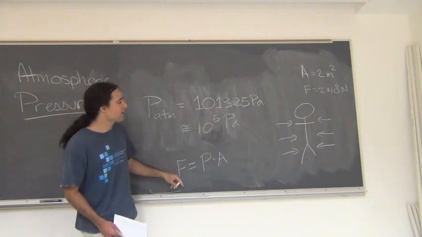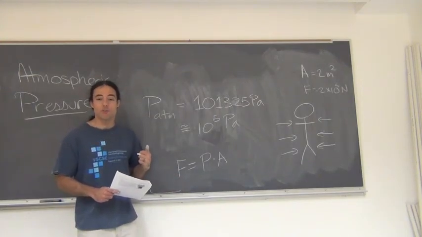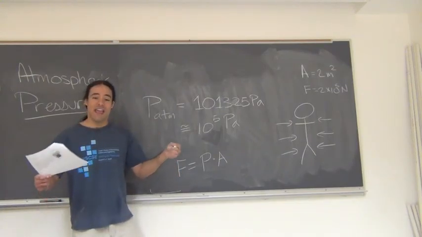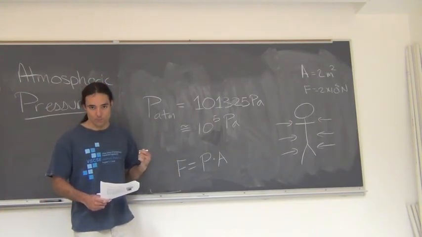So again, let's put that into context. That's about 50,000 pounds of force that is pushing on your body right now, just because air molecules happen to be hitting you.